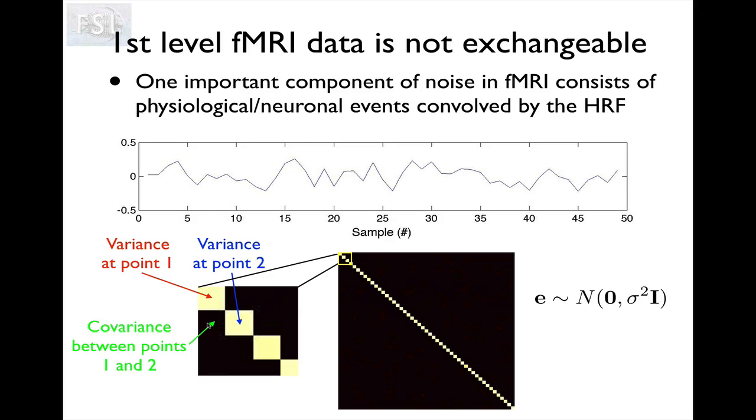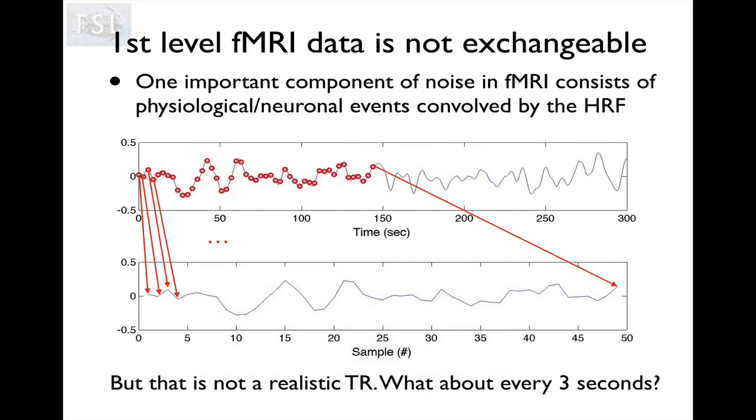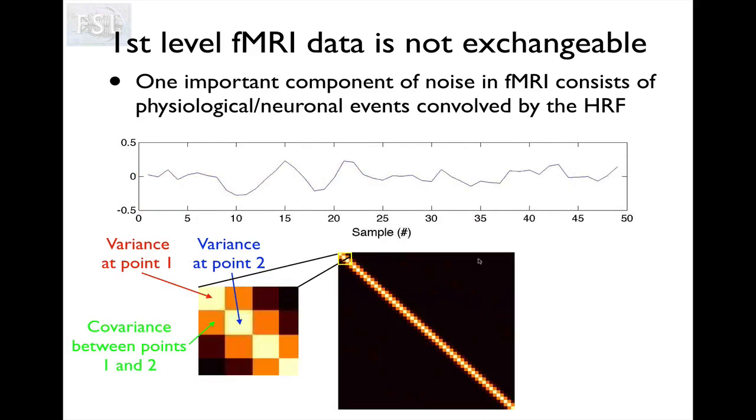But we rarely measure bold signal every 20 seconds, a more typical TR would be something like every 3 seconds. If we take a measurement every 3 seconds, we are back to representing this original smooth time series. If we look at the covariance matrix of this, we have the same variance at point 1, the same variance at point 2, but now we have a positive covariance between points 1 and 2, and a positive covariance between points 2 and 3, etc. What that means is that given knowledge of point 1, we can make a fairly good guess of what is going to be in point 2.